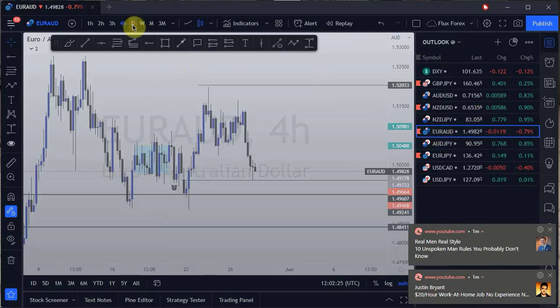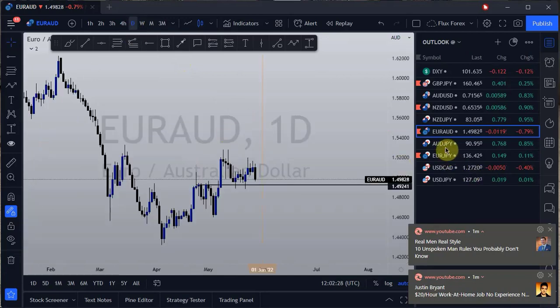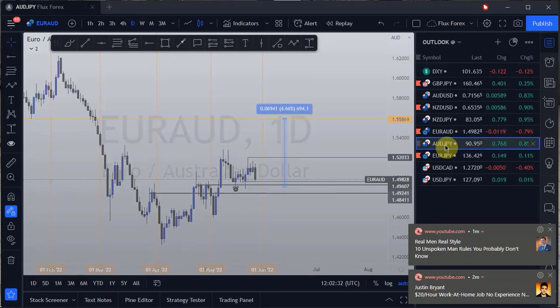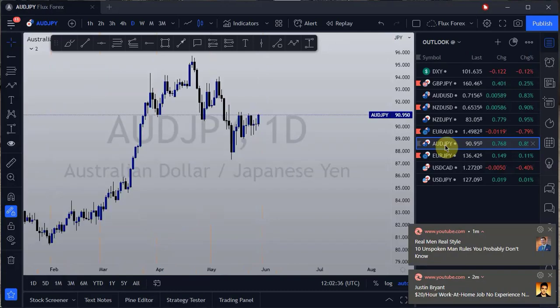Let's look at what is happening on AUDJPY. NZDJPY, AUDJPY, similar plan.